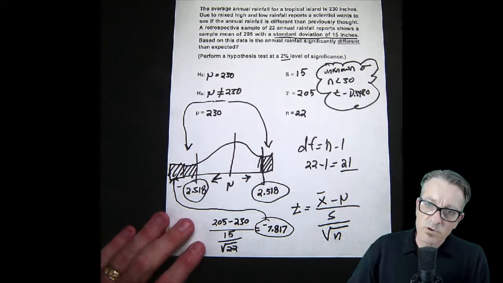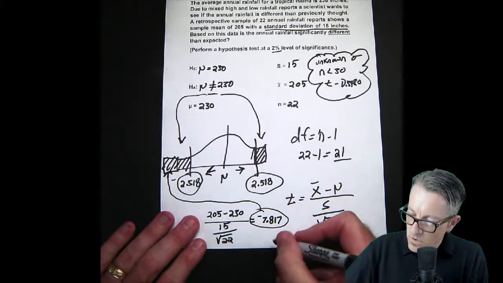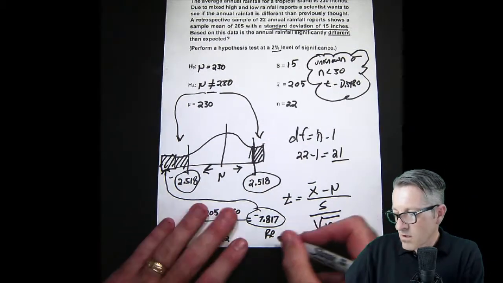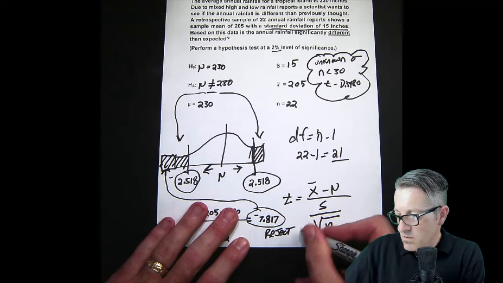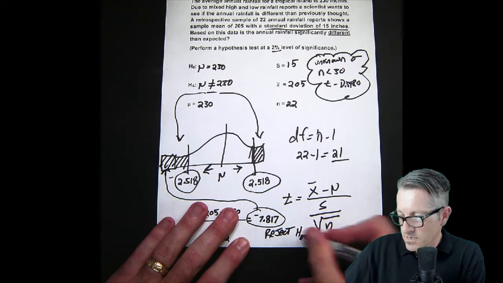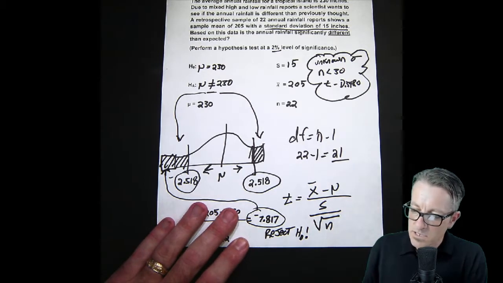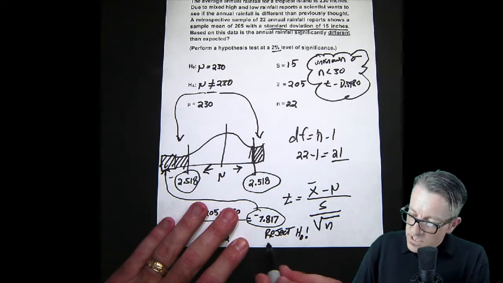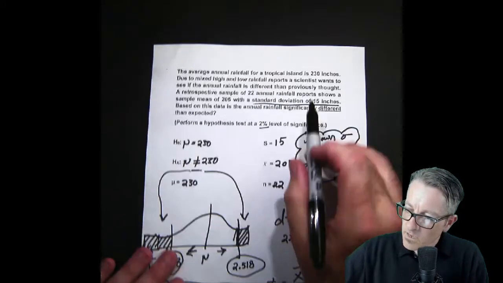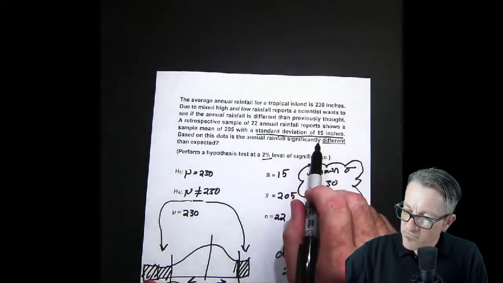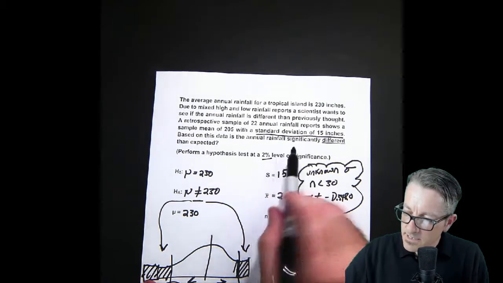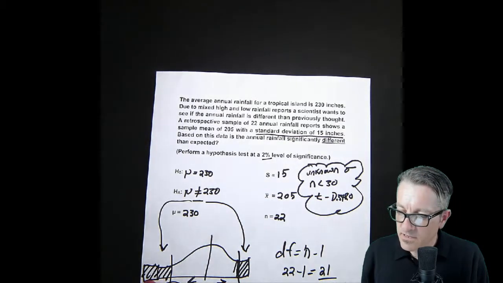So what that means is we're going to reject H0. It appears that the rainfall for the island is significantly different than expected.